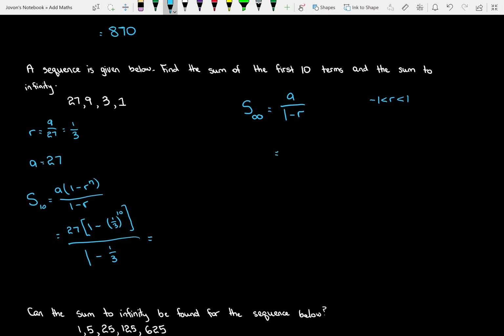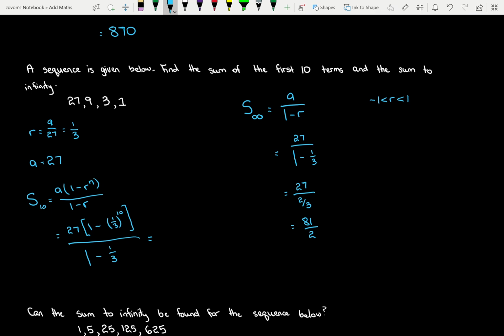So, all this does now is we say A is 27 over 1 minus r is 1/3, which is equal to 27 over 2/3, which is equal to 81 over 2. Okay, so here we were able to find the sum to infinity and the sum of the first 10 terms.